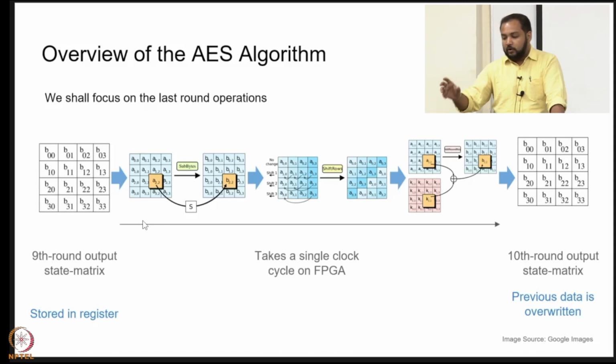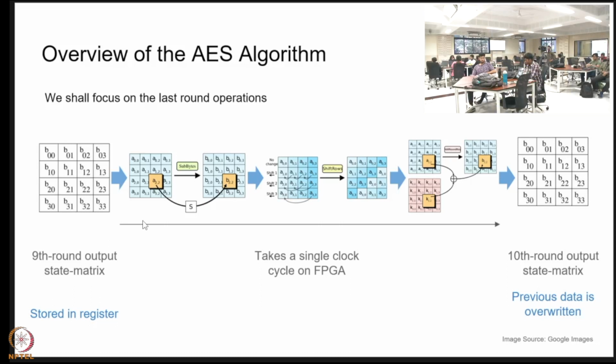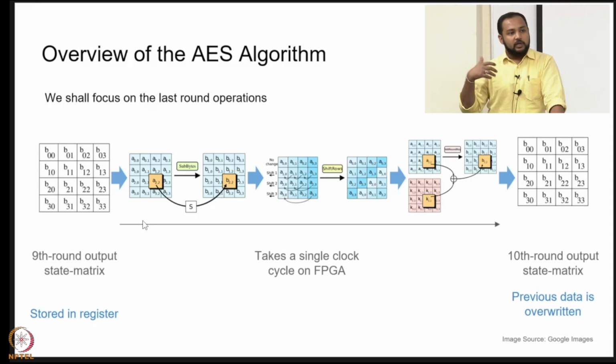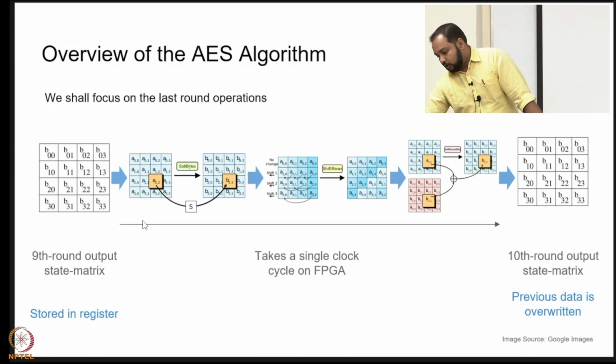So the sweet spot for getting the real traces is the 10th round input, which is being stored onto the register. At that point we will get the data dependent power traces, and based on that we will perform a CPA or DOM or any attack that you need to perform.